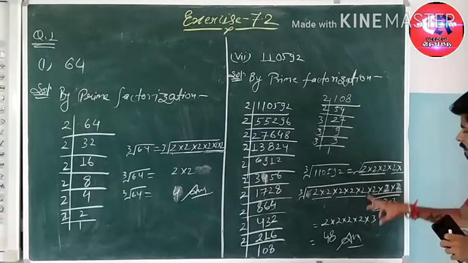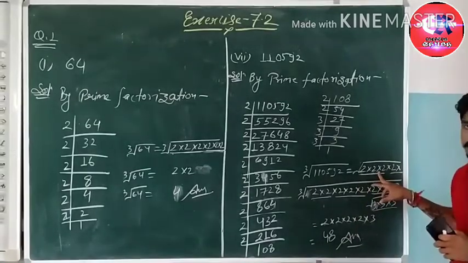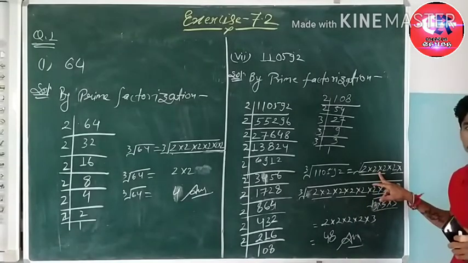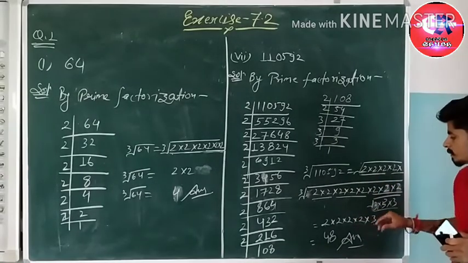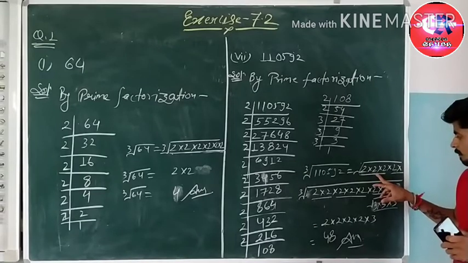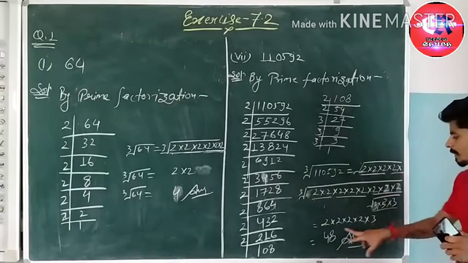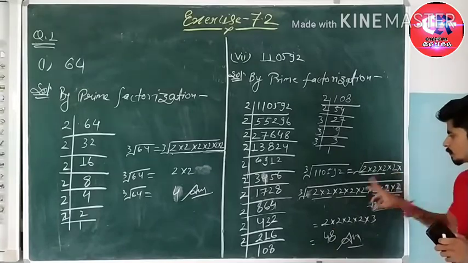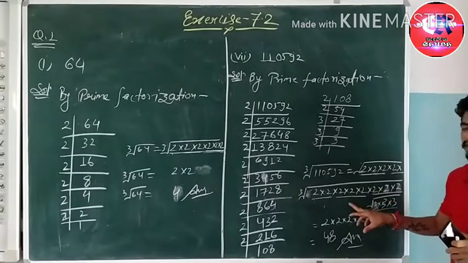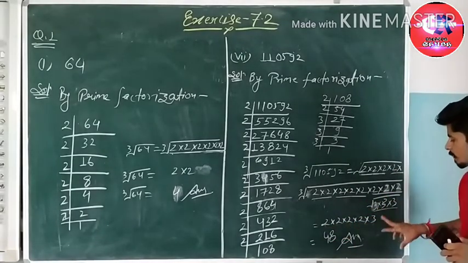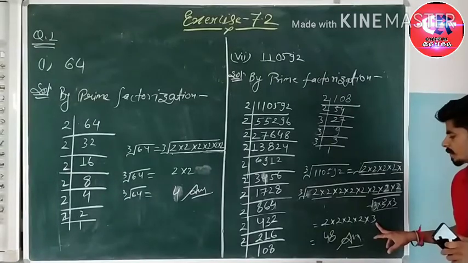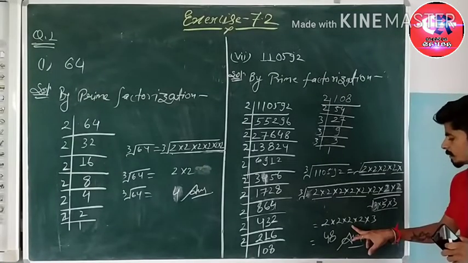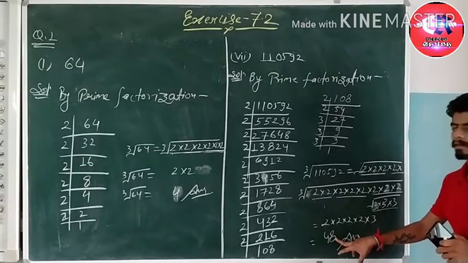So we take each number as many times as the groups we get: 1, 2, 3 and 4. We get 2 four times, and only one time we get the group of 3. Now we multiply these numbers and we get 48.